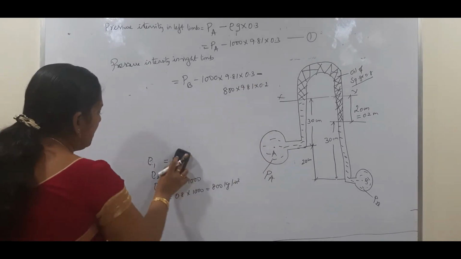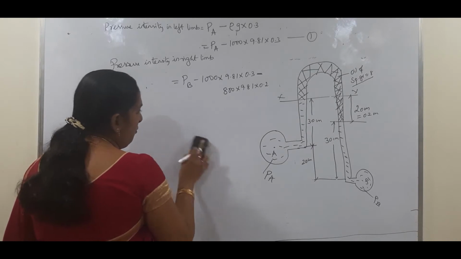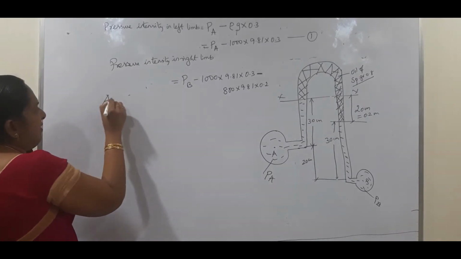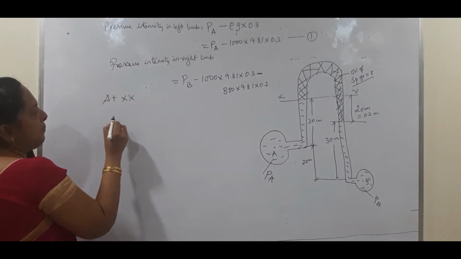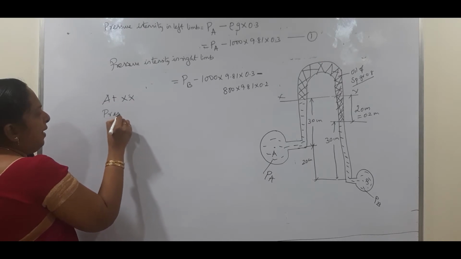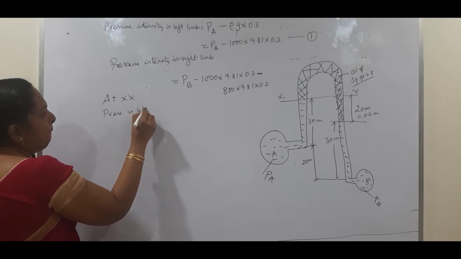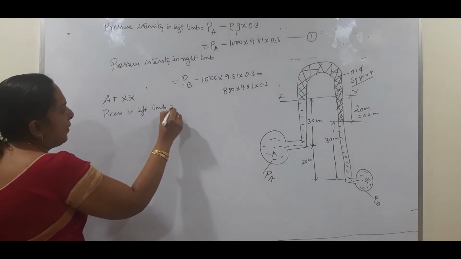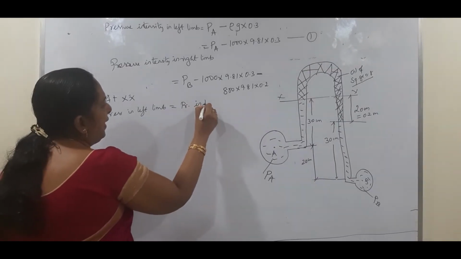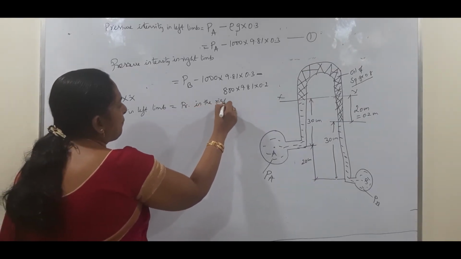Okay, so now what you have to find out is, at the XX level, what is the pressure intensity in the left limb, which will be equal to the pressure on the right limb. Am I right?